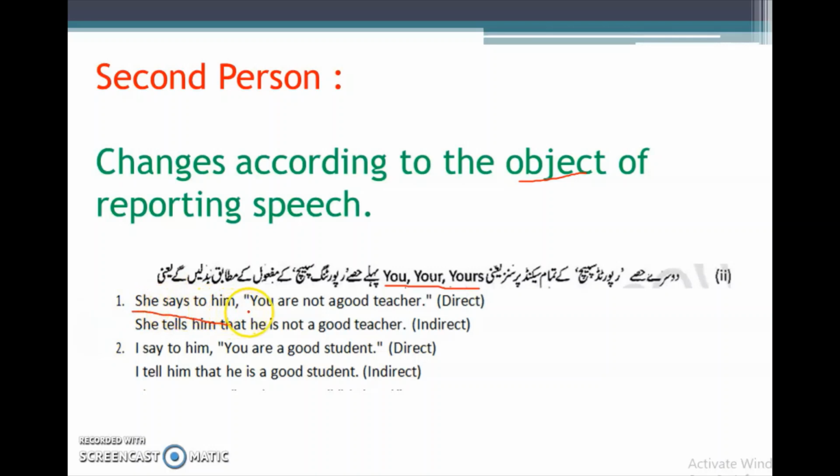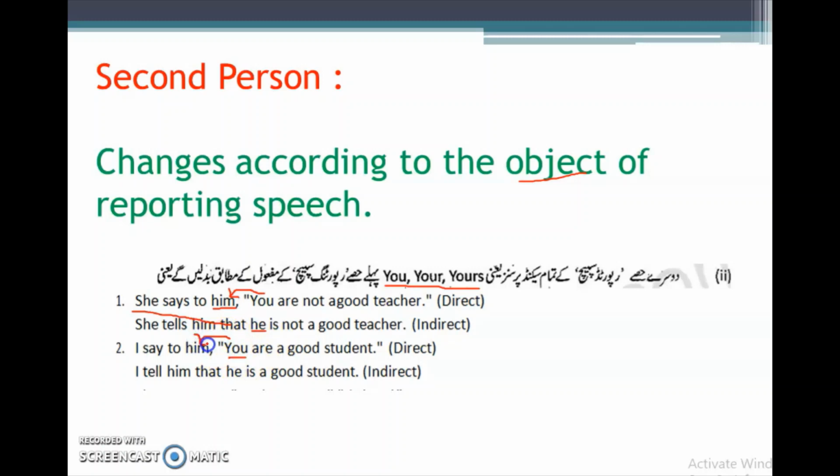She says to him, "You are not a good teacher." She says to him, and you is a second person, so this will change accordingly. She tells him that you is changed according to him, that is the object of the reporting speech, and it is changed to he is not a good teacher. Here you can see that we have changed the second person according to the object.